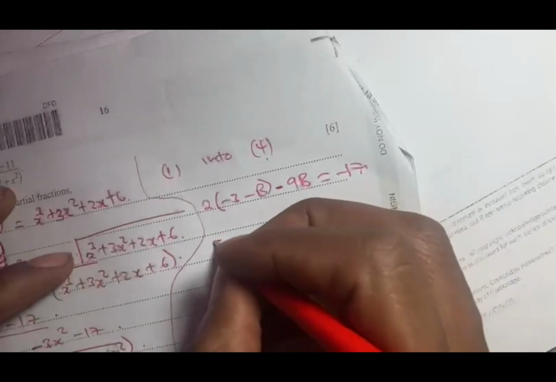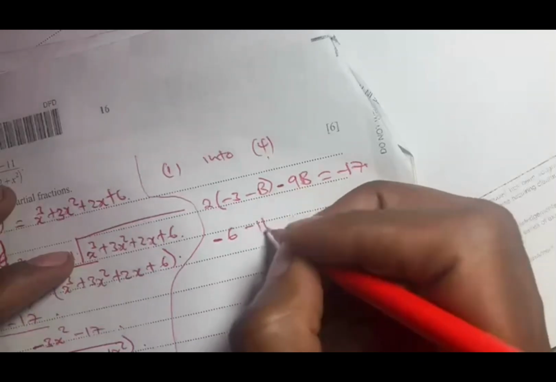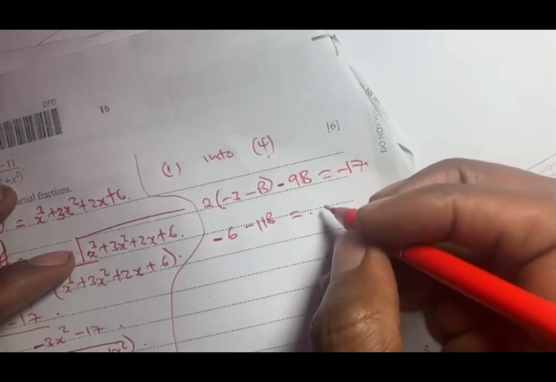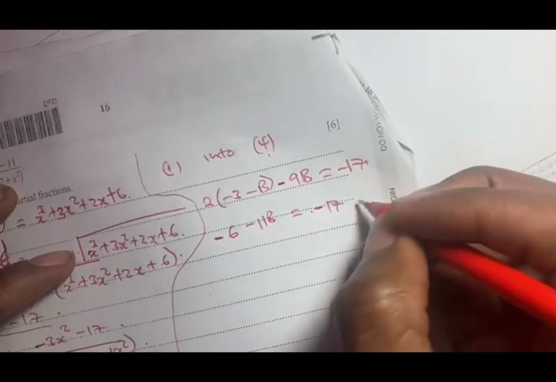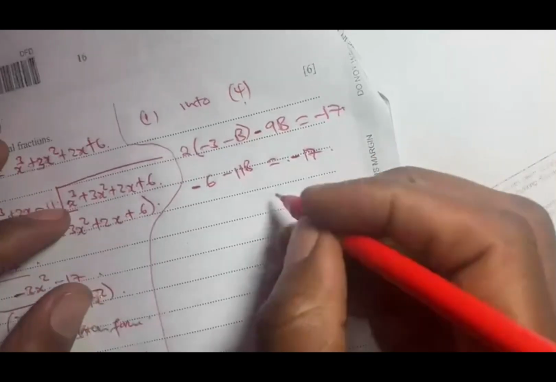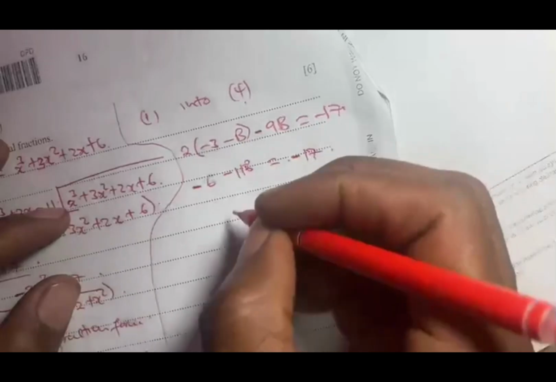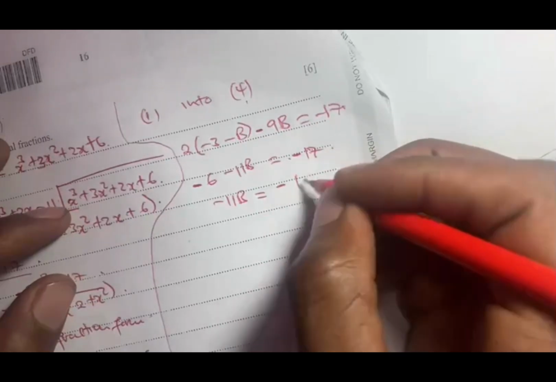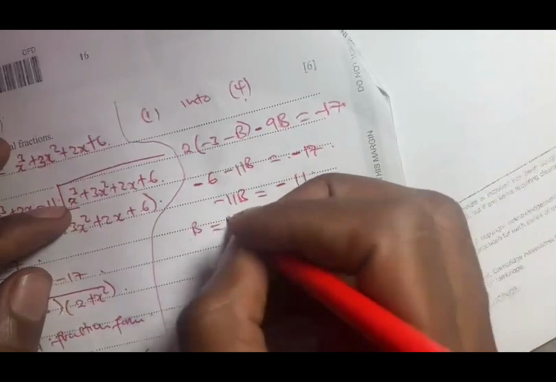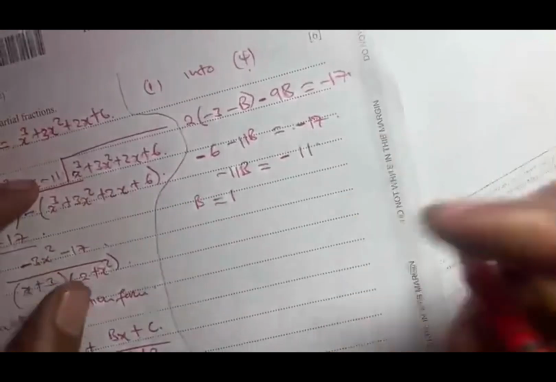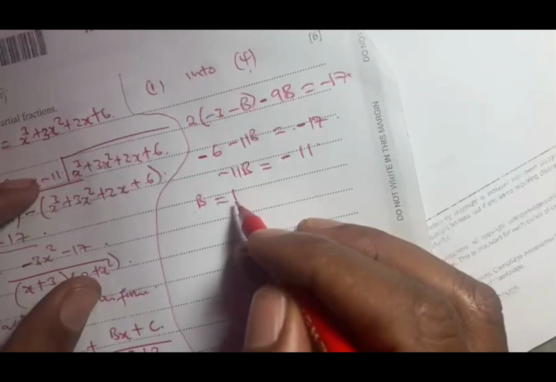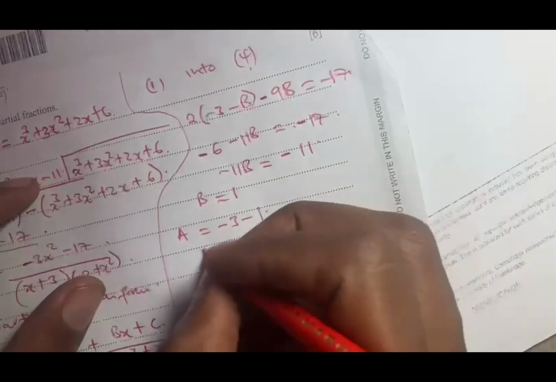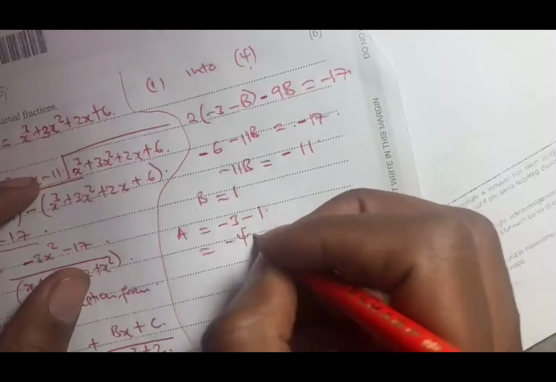If I solve it out, I get minus 6 minus 11b is equivalent to minus 17, which gives me minus 11b is equal to minus 11. So b is equivalent to 1. If I substitute b equals 1, I get a equal to minus 3 minus 1, which is a equal to minus 4.